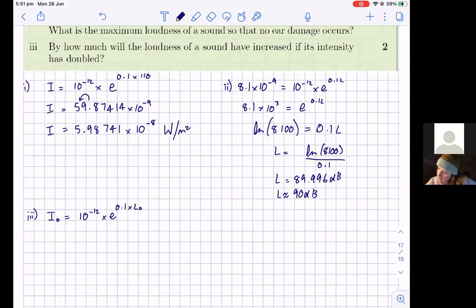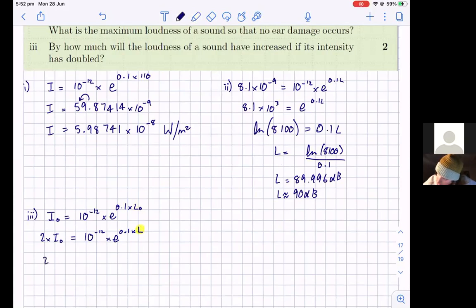If its intensity has doubled, that means, and this is a new L, we've got to find this new L in terms of L naught.